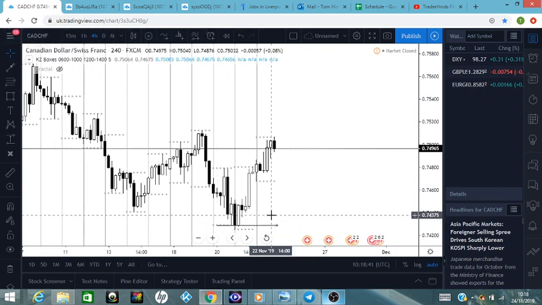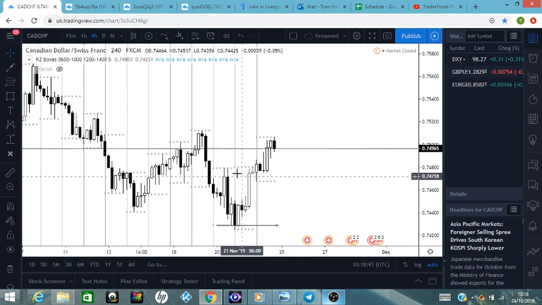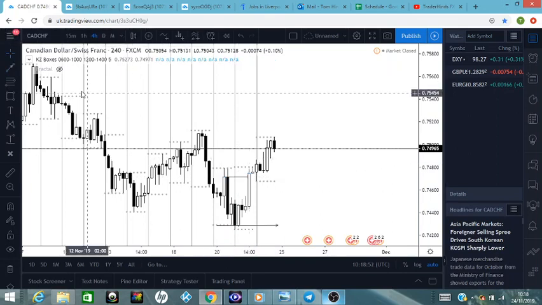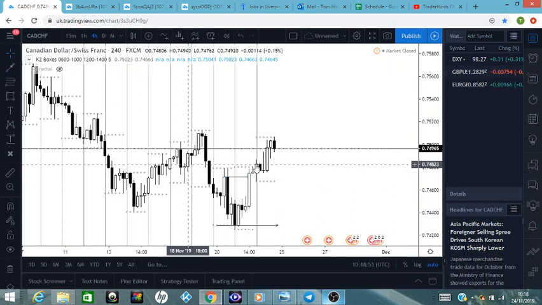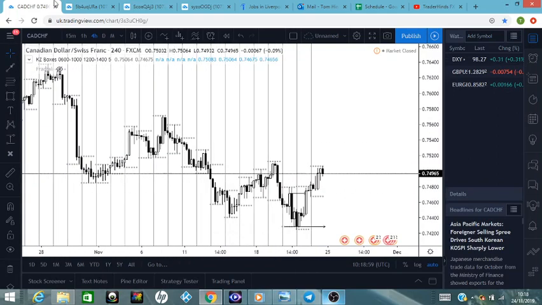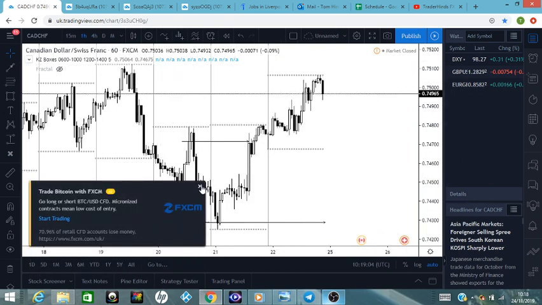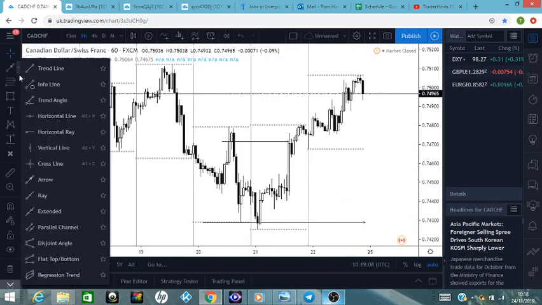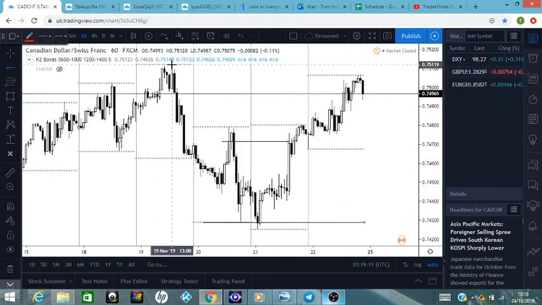So with that being the case, from a 4 hour perspective, we can mark out market structure using that time frame, which is clearly there. From an hourly perspective, which is my preferred method of breaking market structure, we have the high of November 19th.